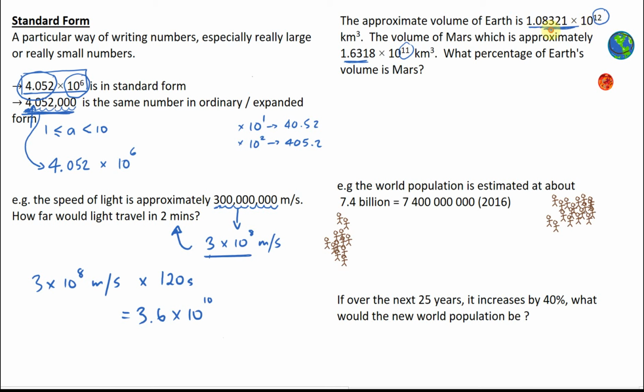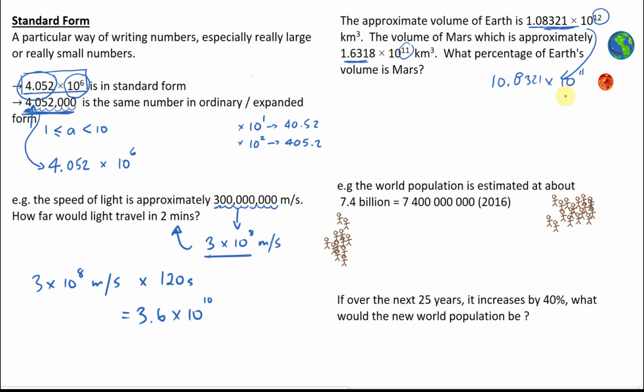The volume of Earth, if I were to convert this number such that it would have the same power of 10 as Mars, it would look like this: 10.8321 times 10 to the power of 11.